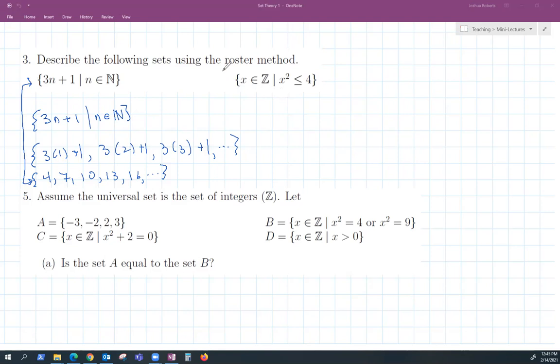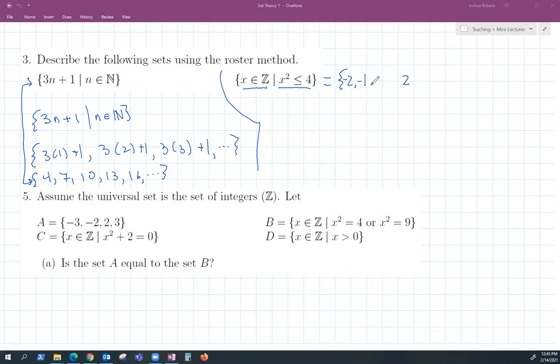Now for the next one over here, the set of all integers such that when you square them, you get something less than or equal to 4. Well, 2 squared is equal to 4, but 3 squared is bigger than 4. So 2 is the biggest number that I could have inside there, which also means that negative 2 is the smallest.